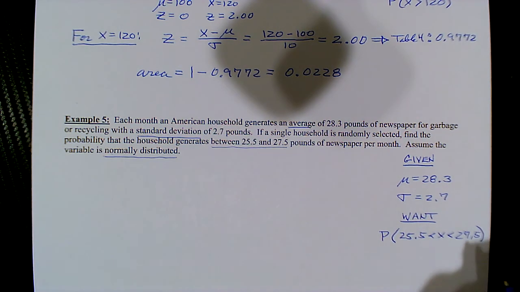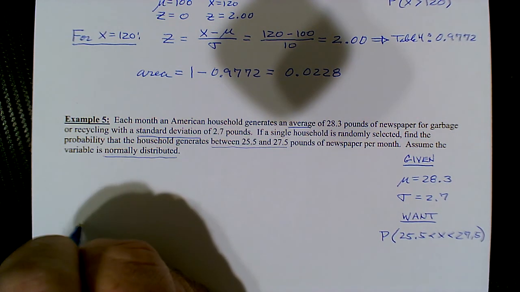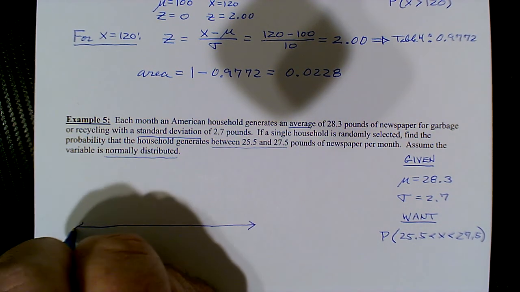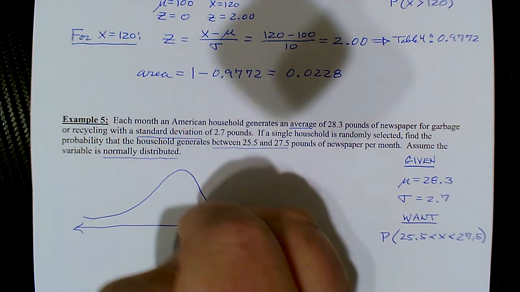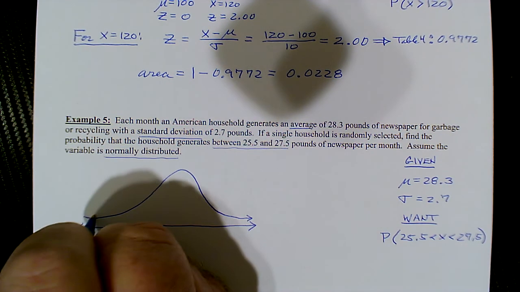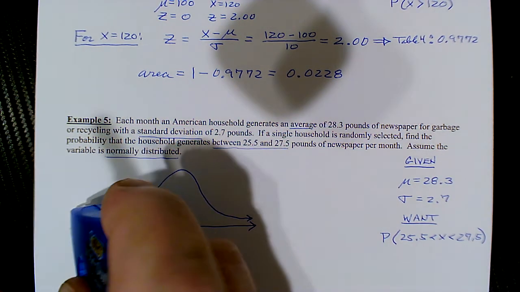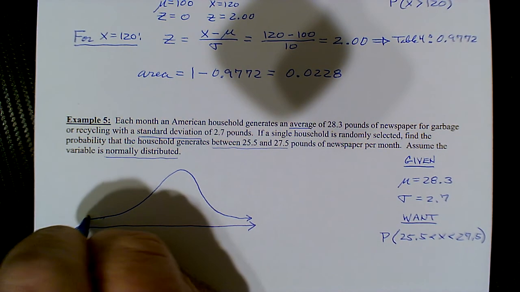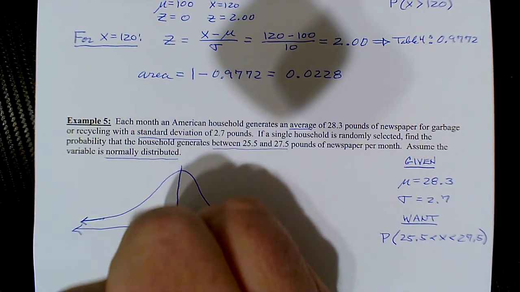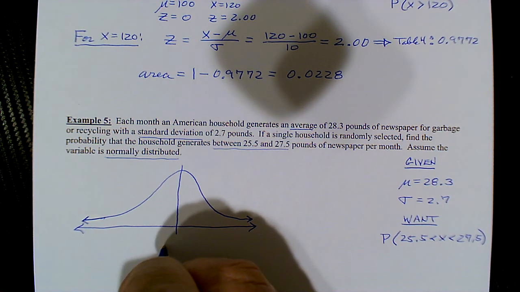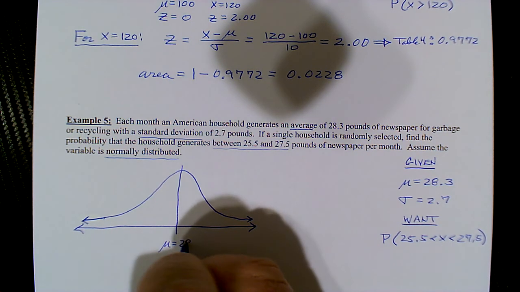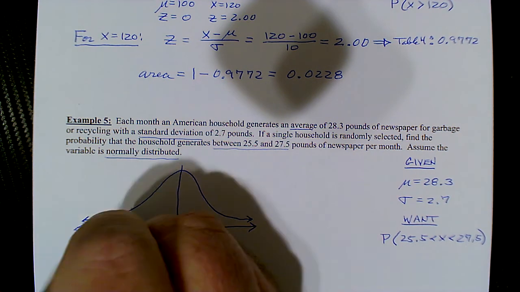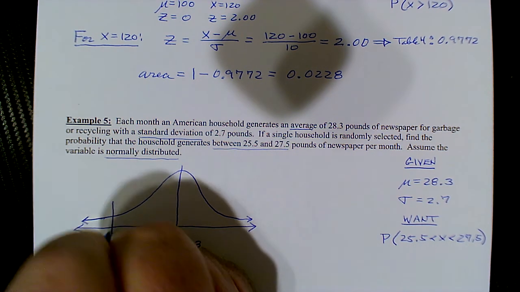So we'll draw the distribution again. That tail looks a little funny, so let me make it a little bit better. Okay, down the middle of the mean given 28.3. Got two data values, 25.5. That's to the left of the mean.